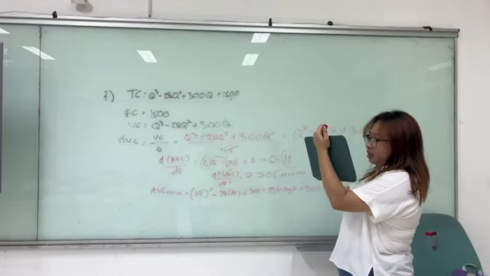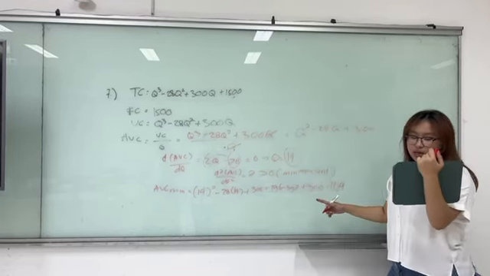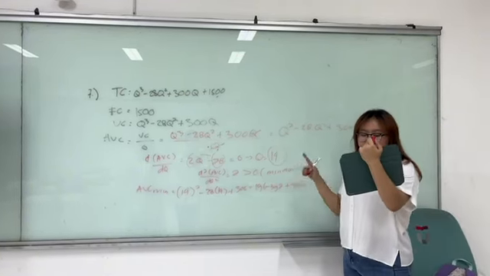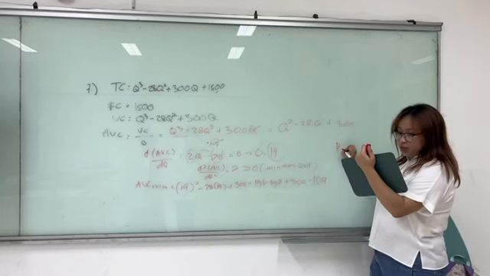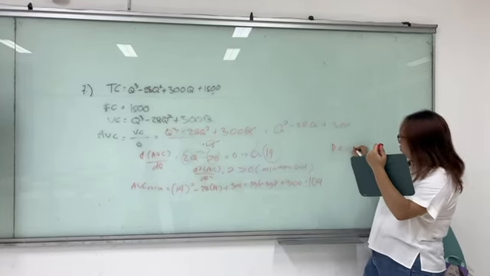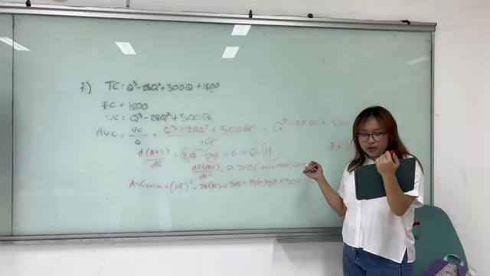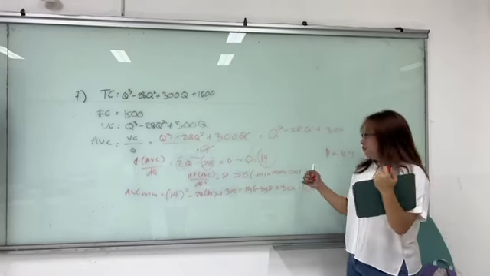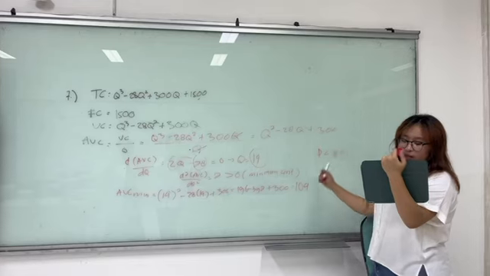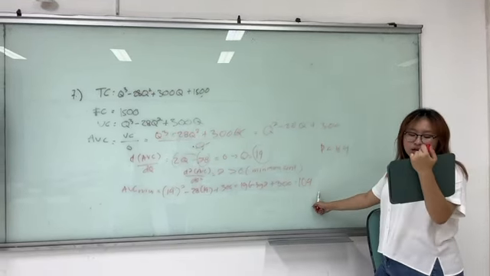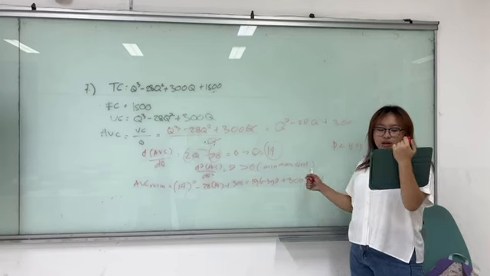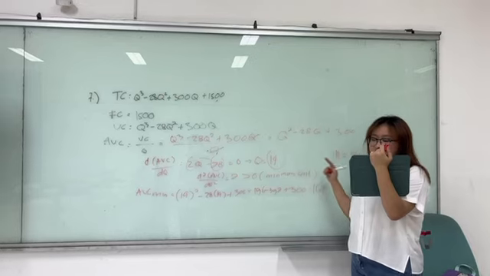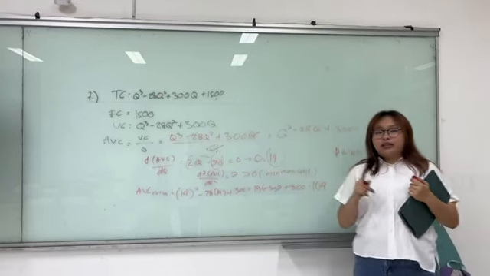The conclusion is the minimum AVC is 104 per fixture, and if the market price P is less than 104, it cannot cover its variable cost and should temporarily shut down to avoid the greatest loss. If the P is more than 104, the firm should continue production even though the P is less than average total cost, so it helps to cover the fixed cost. So I think that's all for me. Thank you.